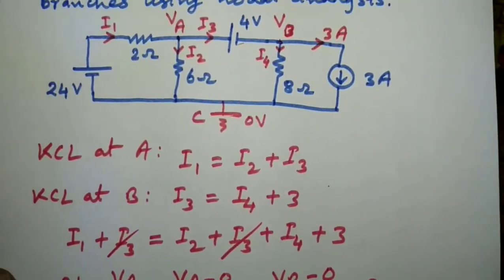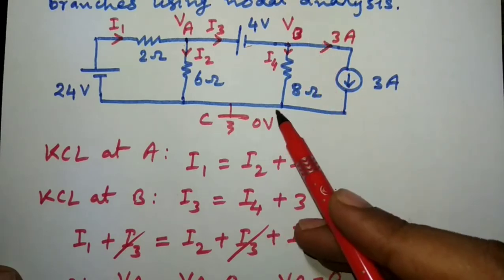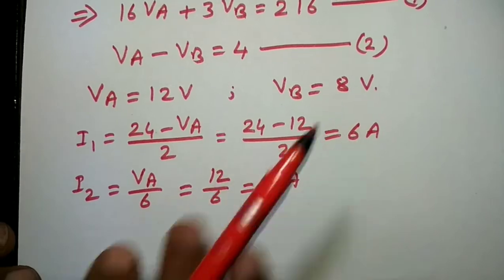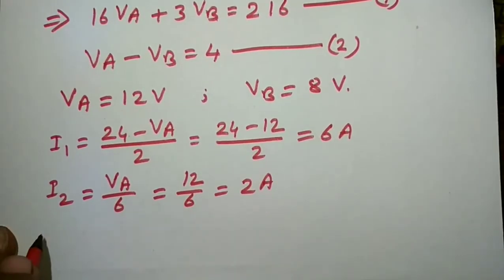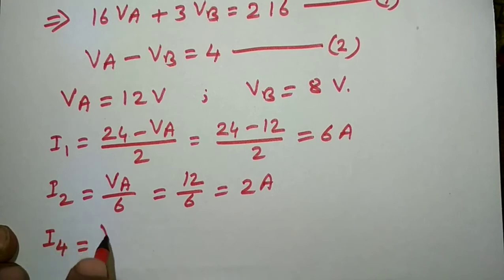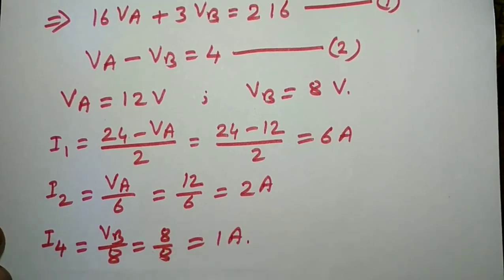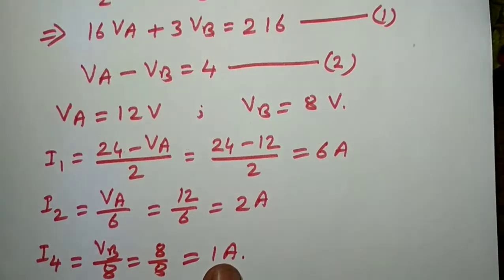And similarly I4 will be equal to (VB minus 0) upon 8, so I4 is VB by 8, which is 8 by 8, that is 1 ampere. So this is the answer.